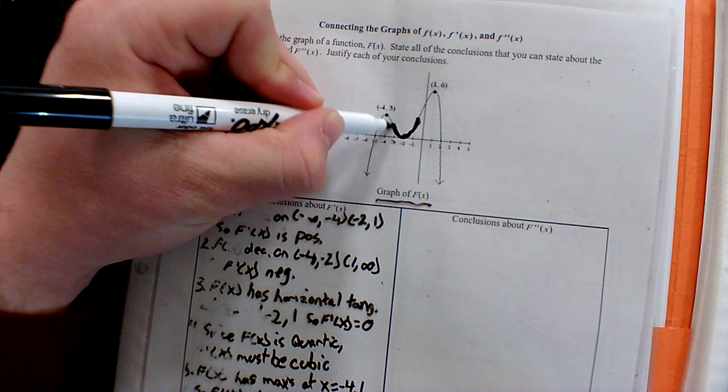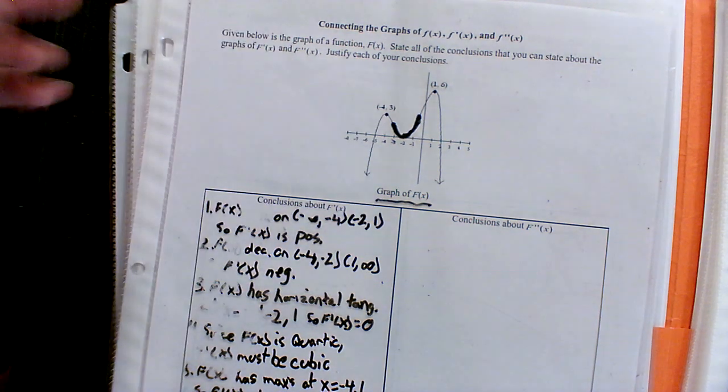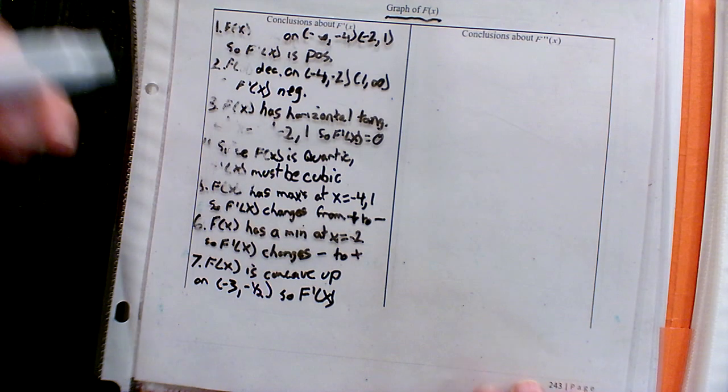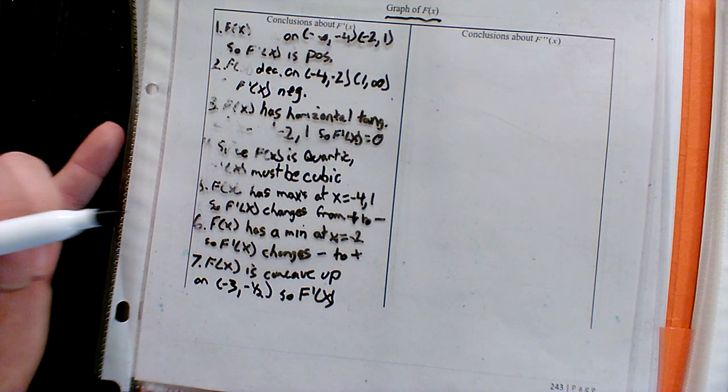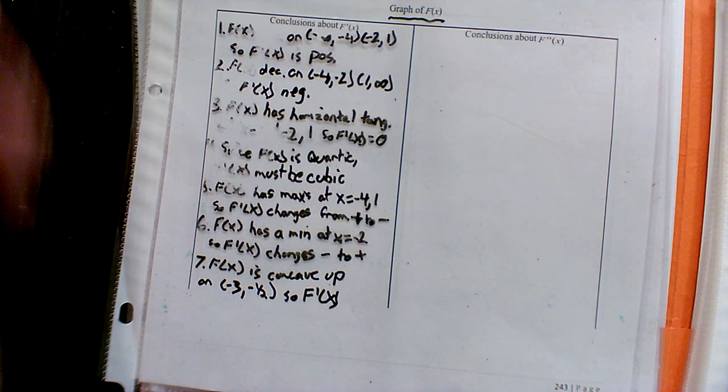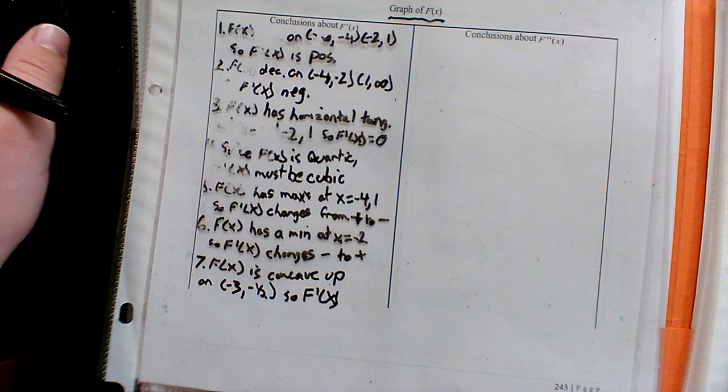Okay, because from inflection point to inflection point, it's concave up. So what does that tell us about the first derivative? The original is concave up, so the first derivative is a little more challenging than before.